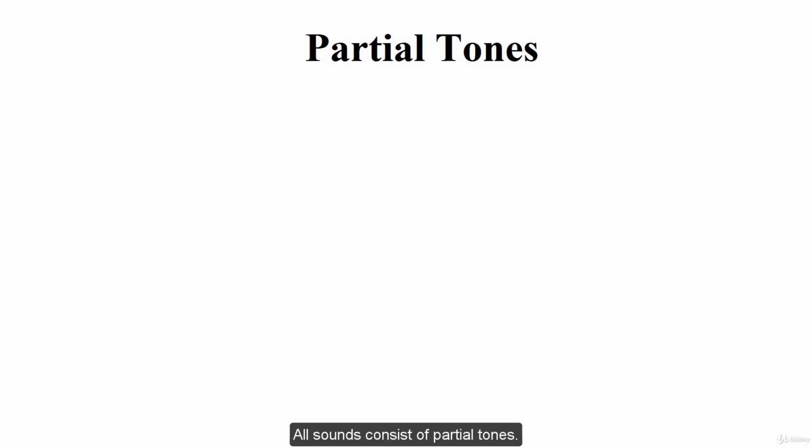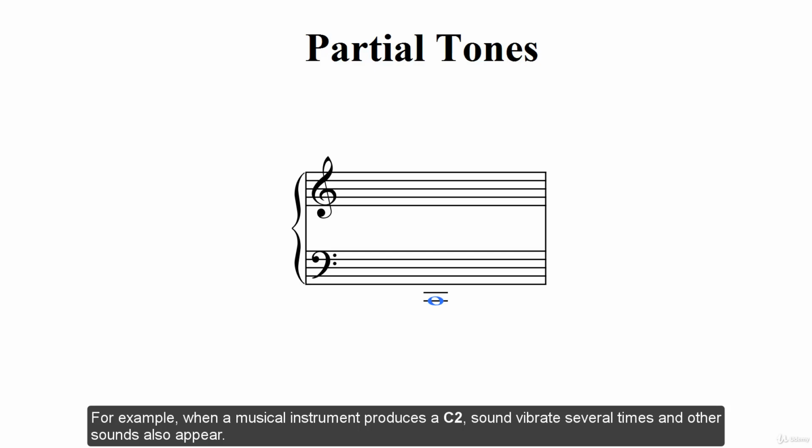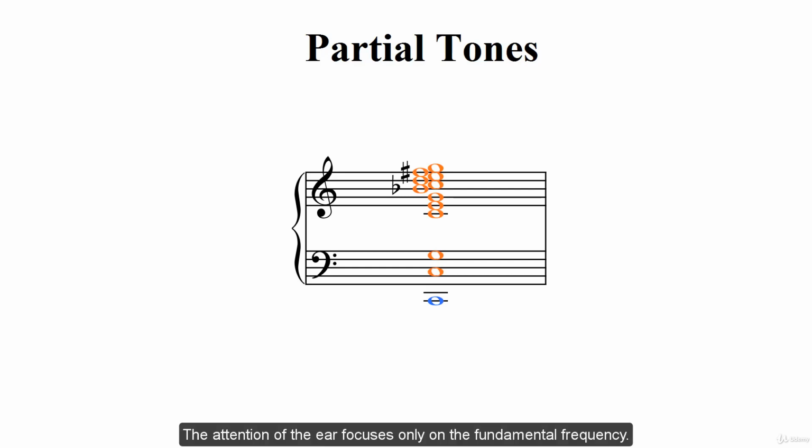All sounds consist of partial tones. For example, when a musical instrument produces a C2, the sound vibrates several times and other sounds also appear. The attention of the ear focuses only on the fundamental frequency.